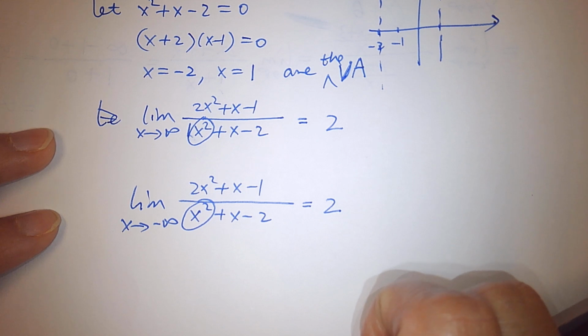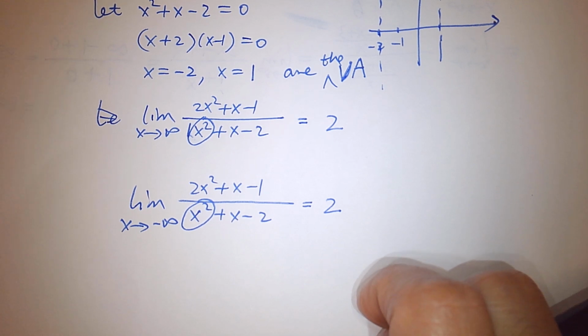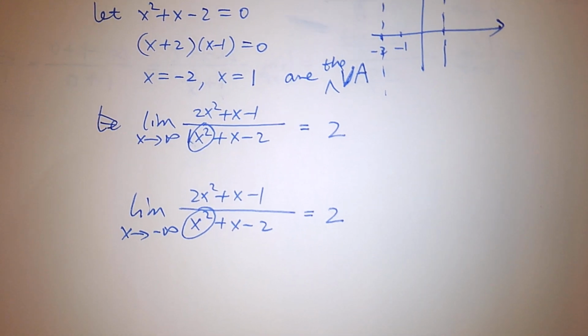Even if it's 1 over x, going to positive infinity it's 0, and going to negative infinity it's 0 too. Why would it be different? Well, you say sometimes the two limits are different. Sometimes. But it says on the first page that n is a positive integer.